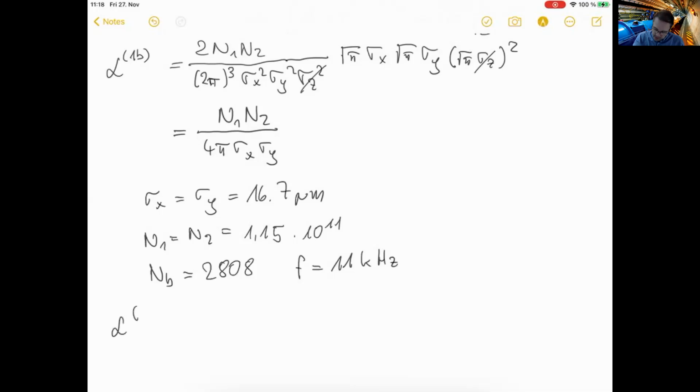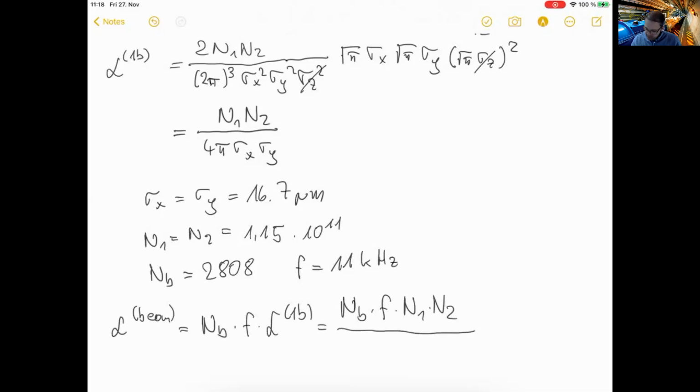We can therefore calculate the beam luminosity as the number of bunches times the frequency times the single bunch luminosity we've just calculated. Let me write it down: this is the number of bunches times frequency times the population of the bunches divided by 4 pi sigma x times sigma y.